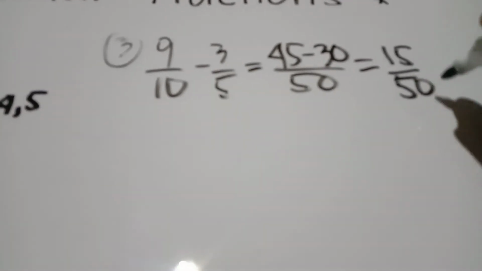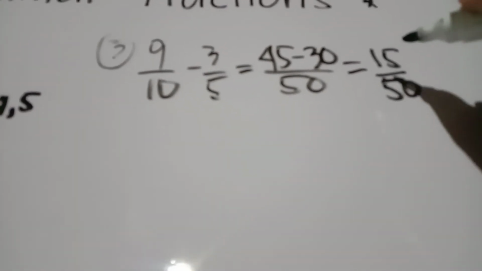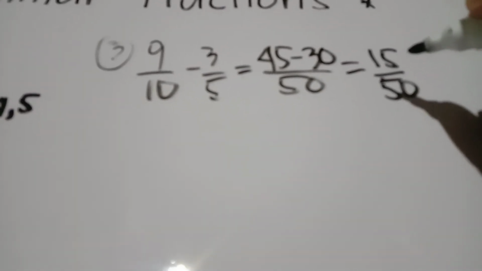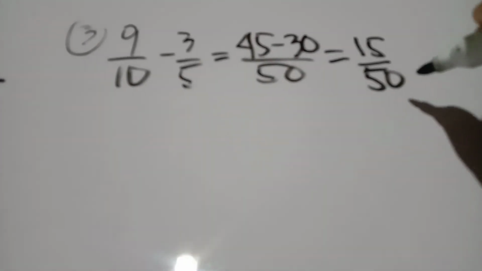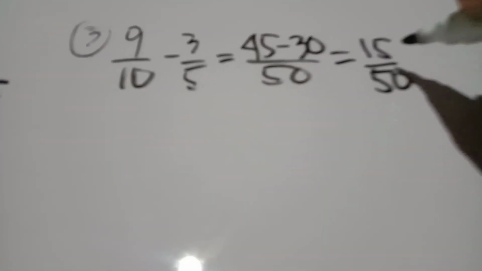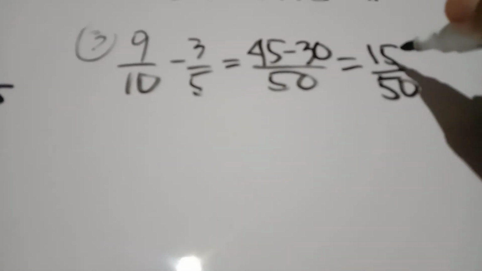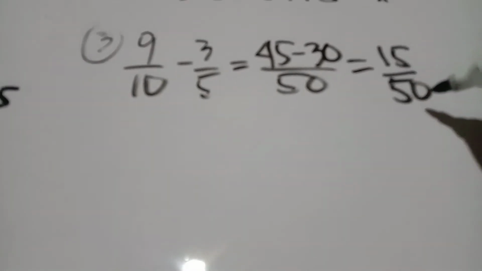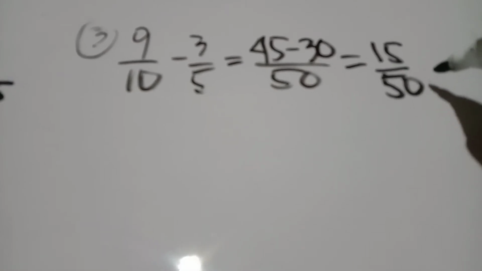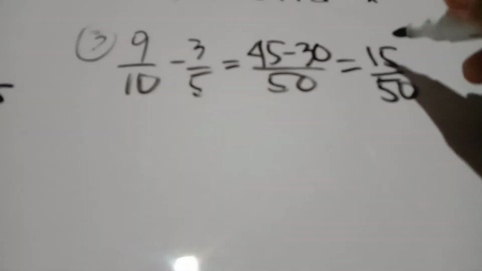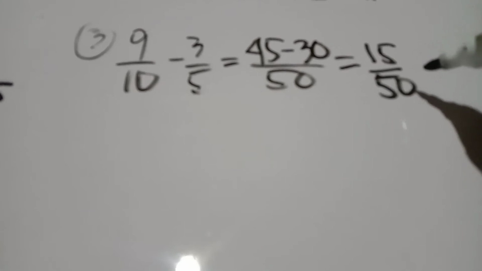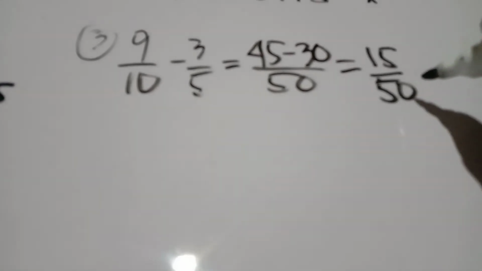Let's try to check if the answer is in lowest term. Now 15 and 50 are both divisible by 5. 15 ay maaaring i-divide sa 5. Si 50 ay maaaring i-divide din sa 5. So, ibig sabihin po nito, hindi pa lowest term si 15 over 50.